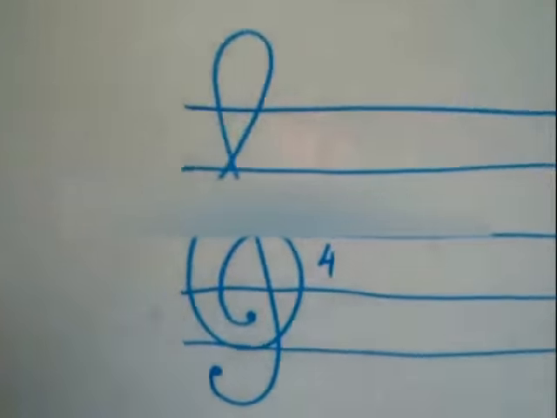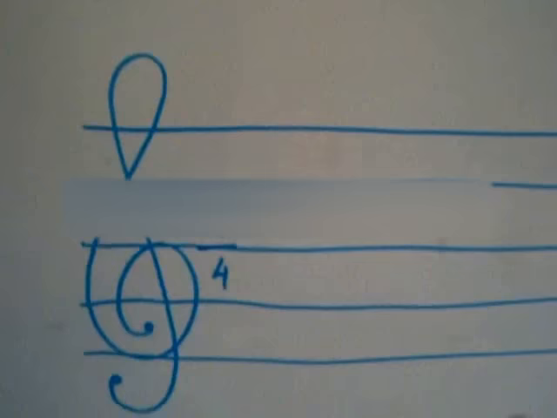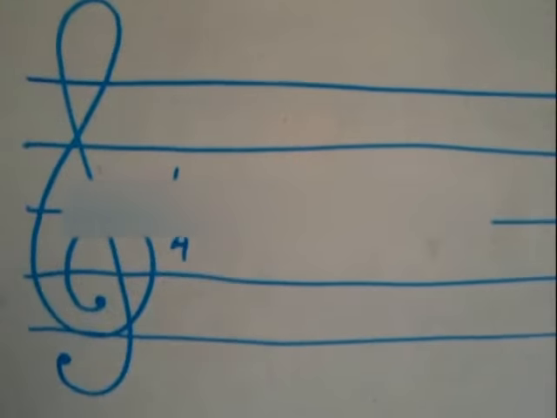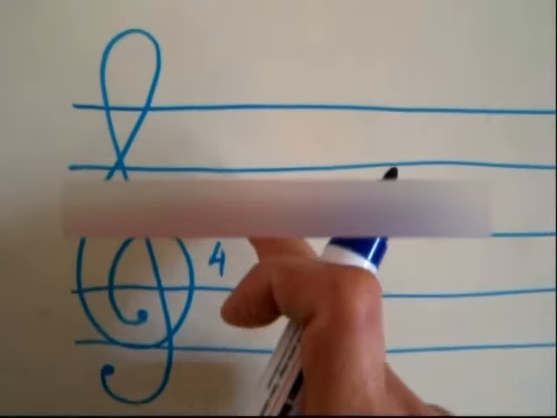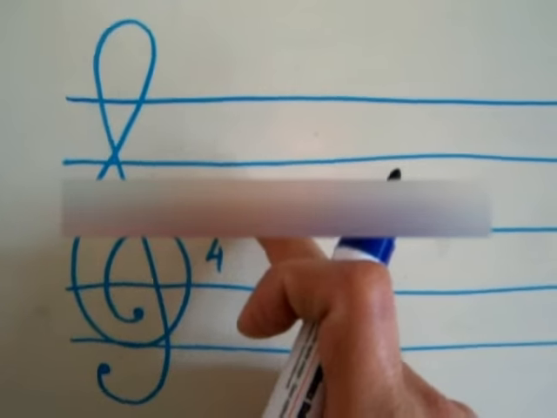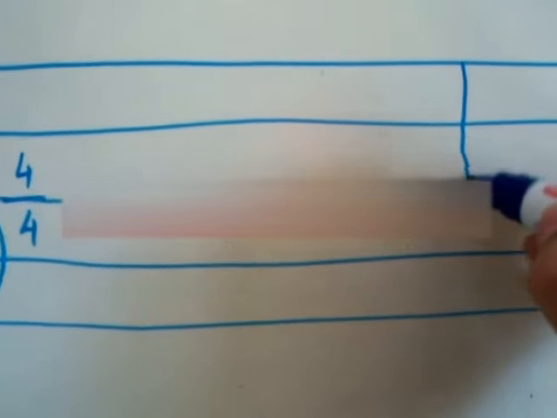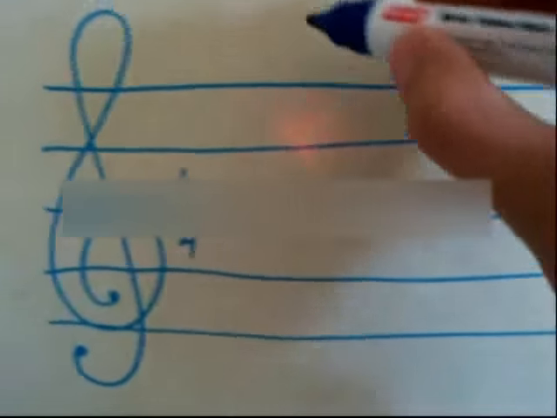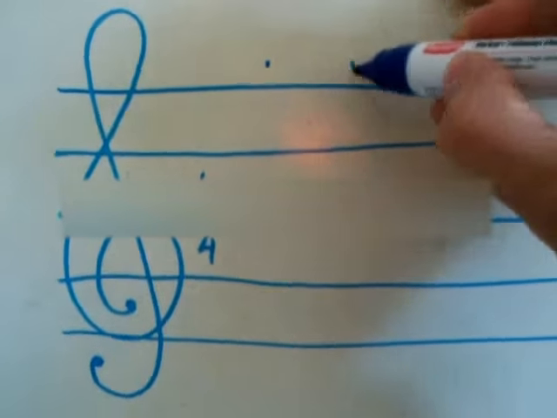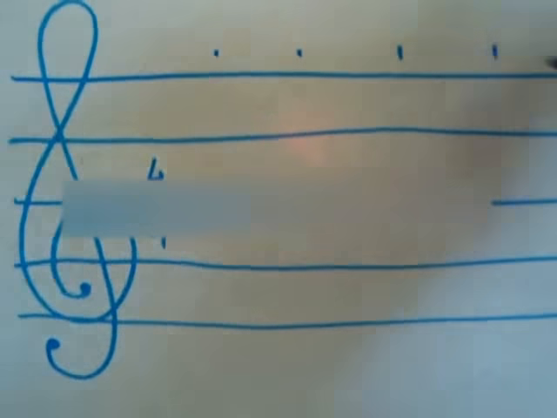The upper number, the numerator, tells how many beats there are in a measure. So this 4 is telling that there are 4 beats in a measure, means 1, 2, 3, 4.